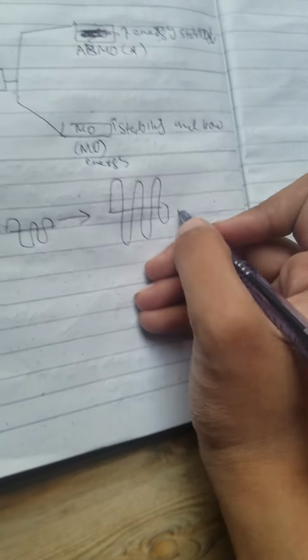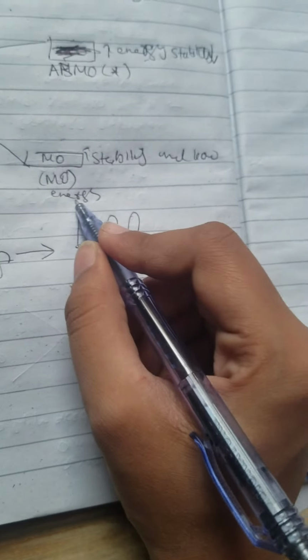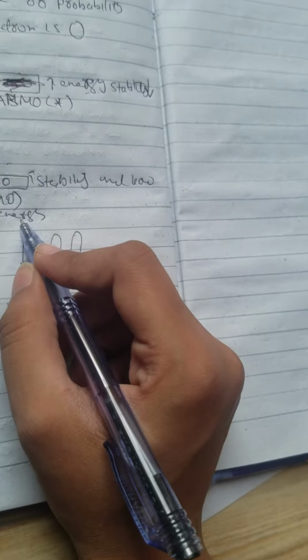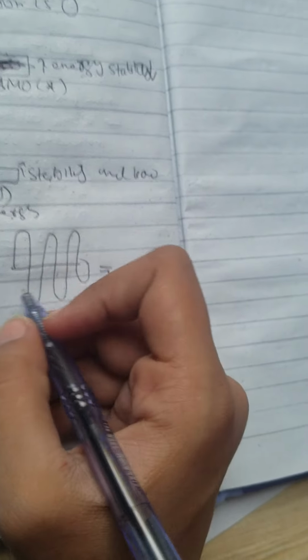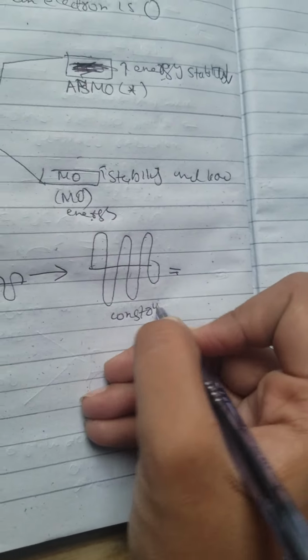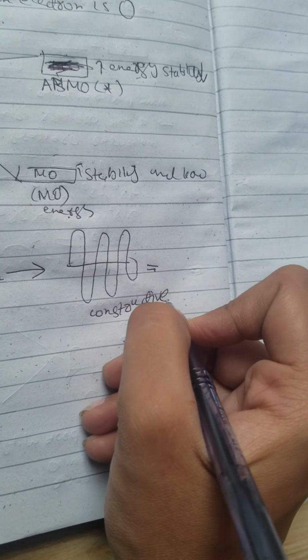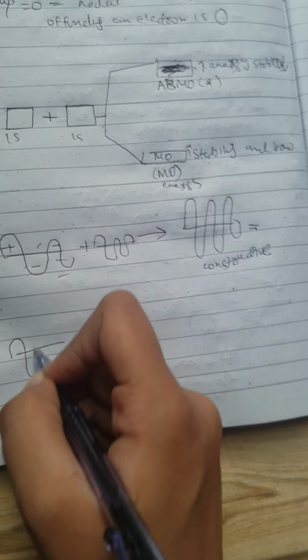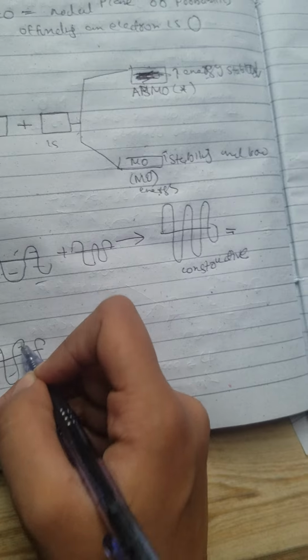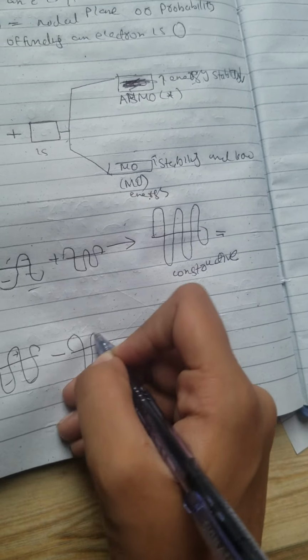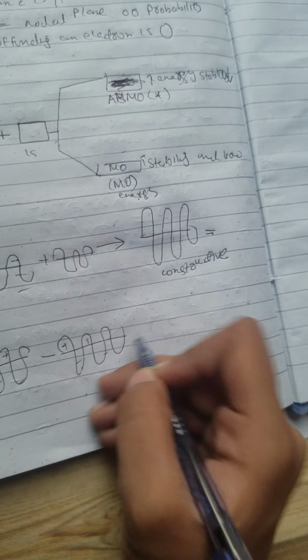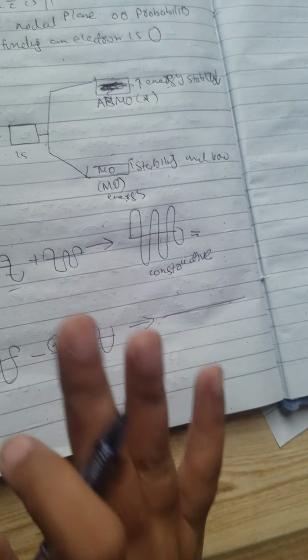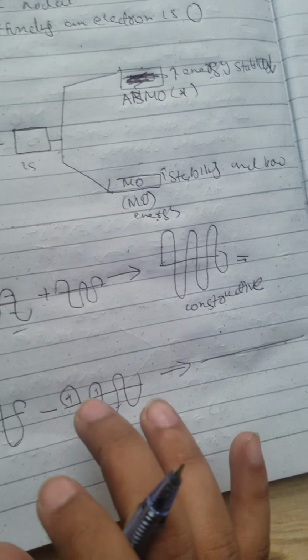This is constructive interference, also known as the bonding molecular orbital. But this is destructive: we usually get nothing, just a straight line. This is the destructive, anti-bonding molecular orbital.